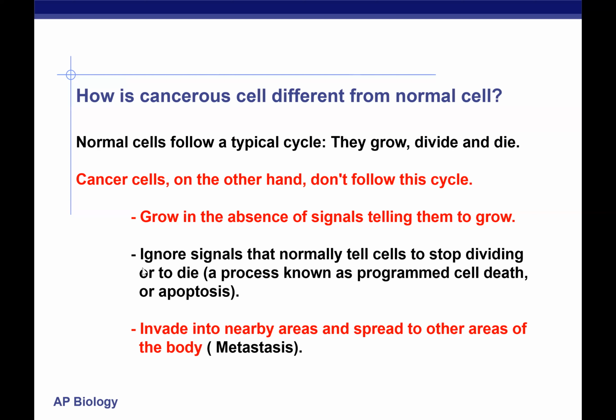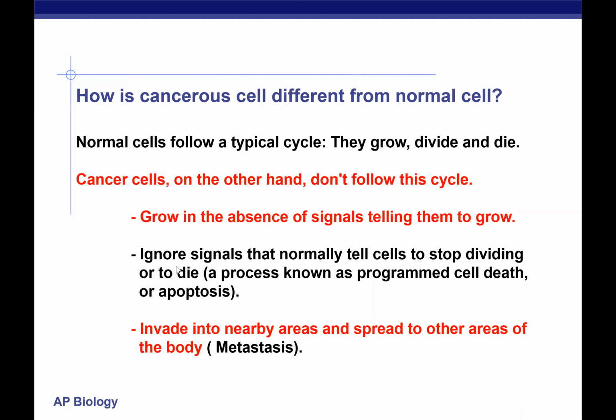And secondly, which is all the more important, these cancer cells start ignoring signals that normally tell a cell to stop dividing. I told you there are signals which tell a cell to stop dividing when it is not needed. But the cancer cell ignores those signals, and also ignores the signals responsible for its death, which we call apoptosis.